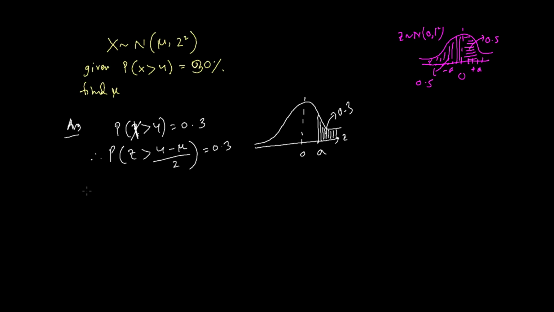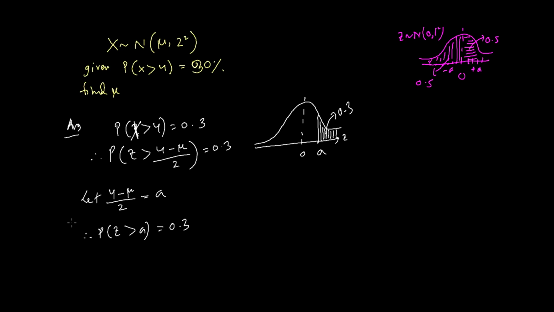So we can say let 4 minus mu, I hope you don't find this confusing, this is 4, this is mu, divided by 2 is equals to a. So therefore probability of z is greater than a equals to 0.3. Now for this type of sum where the probability is given and we have to find the mean and the standard deviation, we have a special table called the percentage table, which is a greater than table.